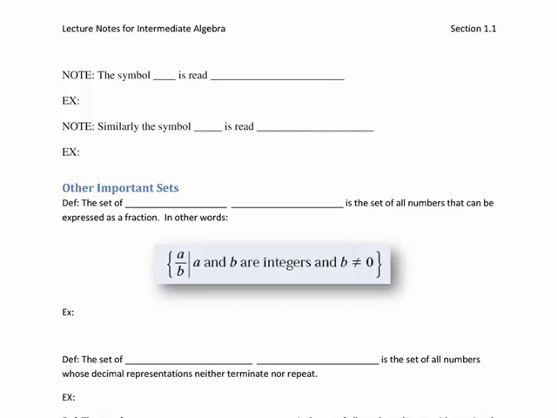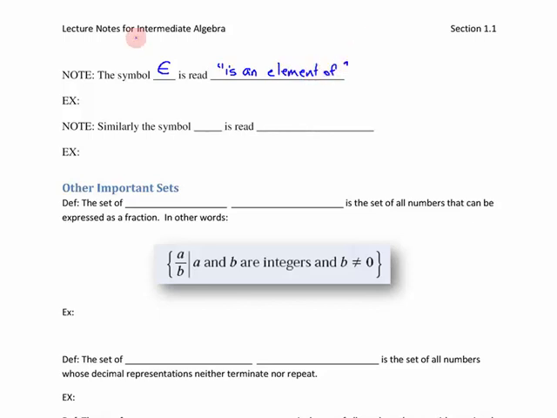Another important notation that we use when talking about sets is the element of notation. This symbol that looks like a C with a line through it, also looks a lot like the Greek lowercase epsilon, is read "is an element of."